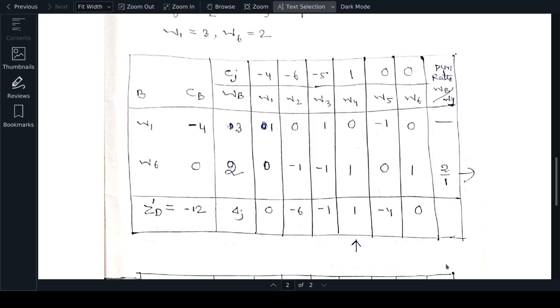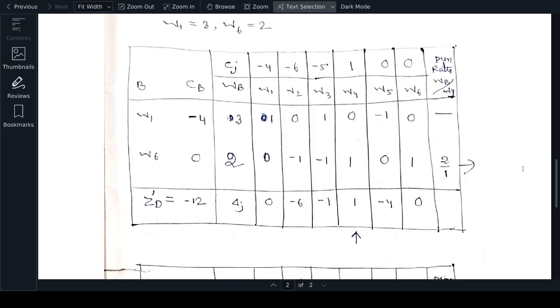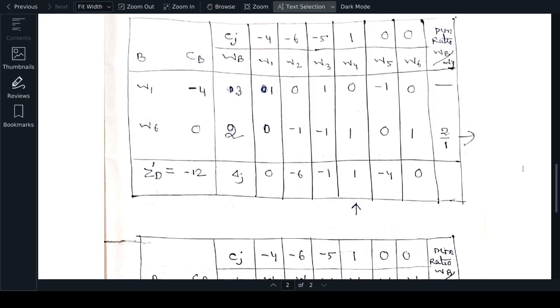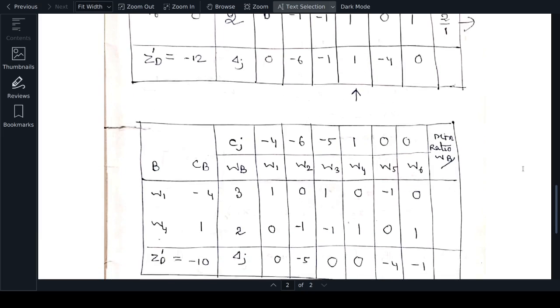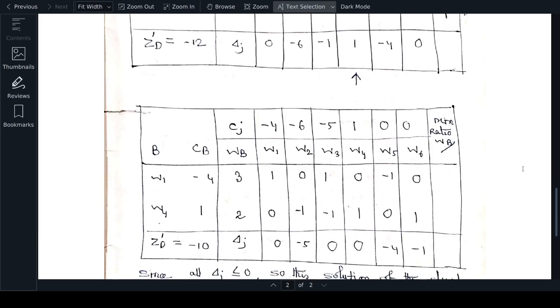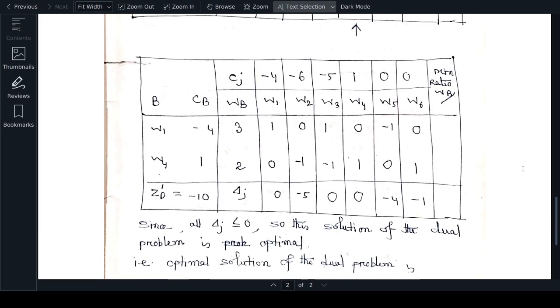So here you see, next, the outgoing vector will be W6. So W6 will go out and it is replaced by W4.